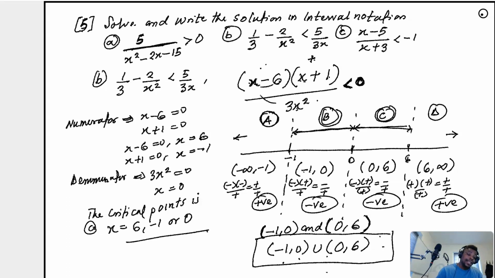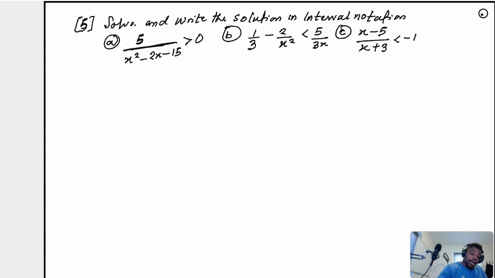Now, let's take the last question, C. Now, C, x minus 5, x plus 3 less than minus 1. I will just do this one very fast, because you already know what we are going to do.